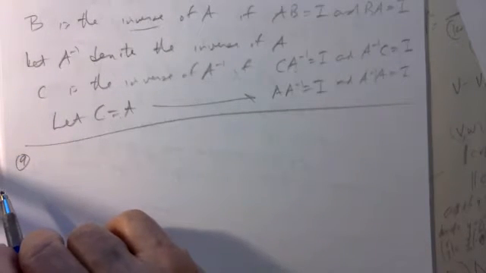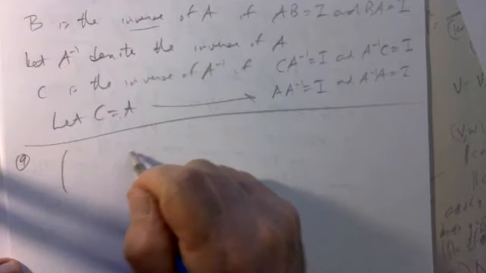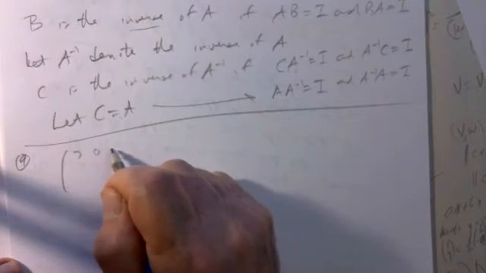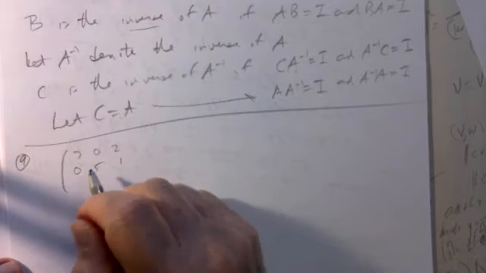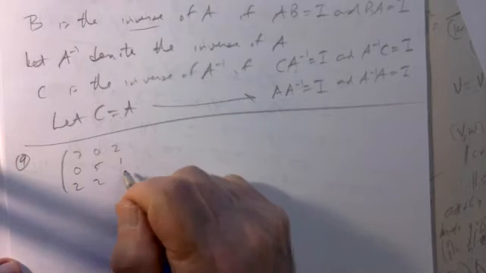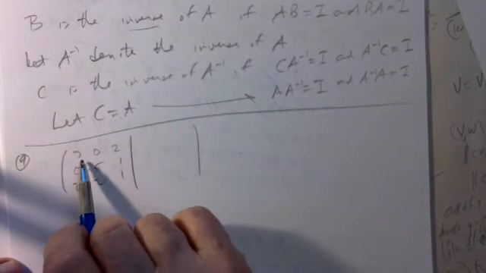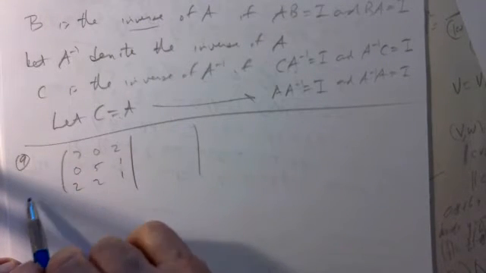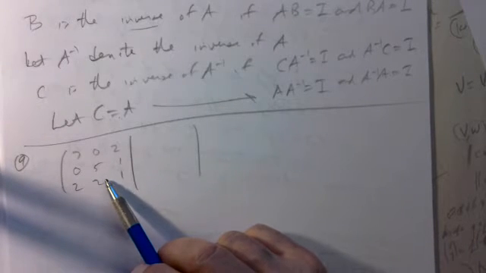Now, to compute the inverse of a 3x3 matrix, one way to do it is you write the matrix 7, 0, 2, 0, 5, 1, 2, 2, 1. And we want to do a series of elementary row operations that put this in reduced row echelon form.